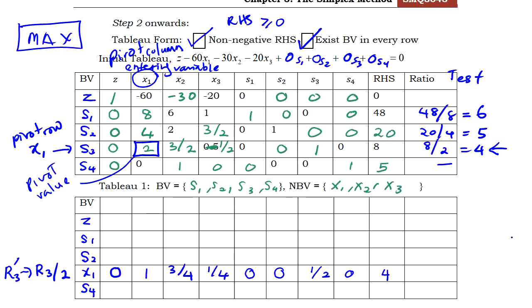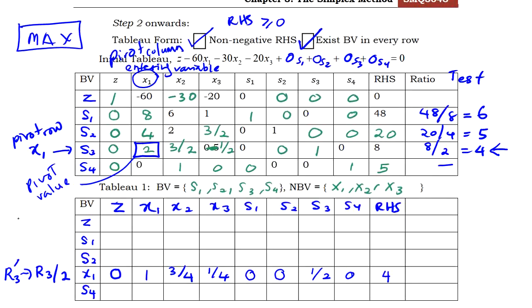Okay, so for the next row, row 0, we use this formula. Here X1 has now become a basic variable, therefore the value here is 1, and the rest of the rows must be equal to 0. Okay, so in order to make this value negative 60 to be 0, we need to use this formula.